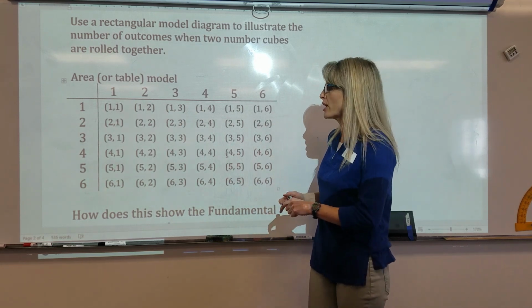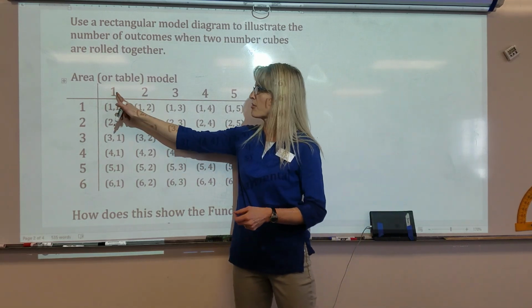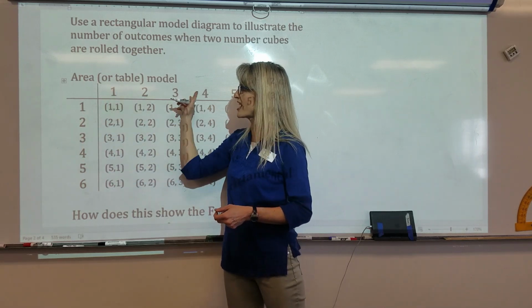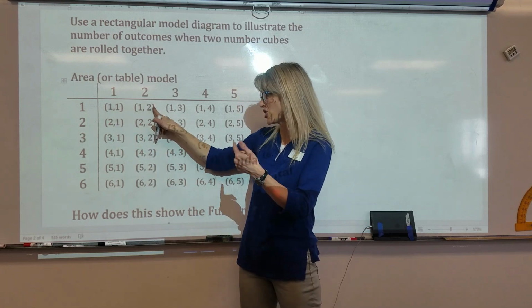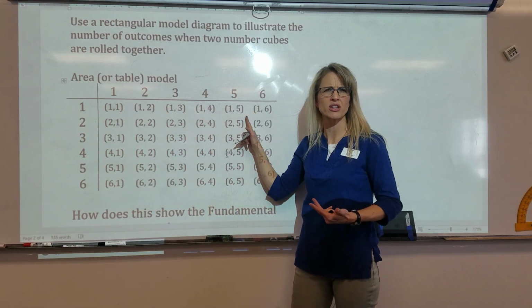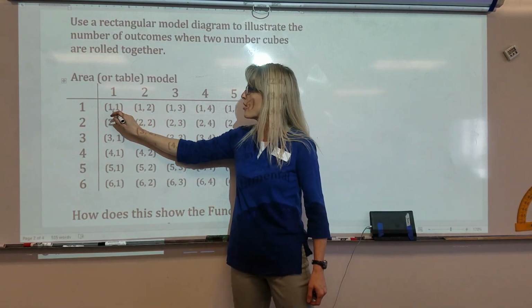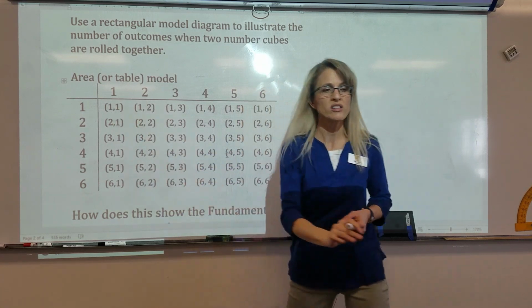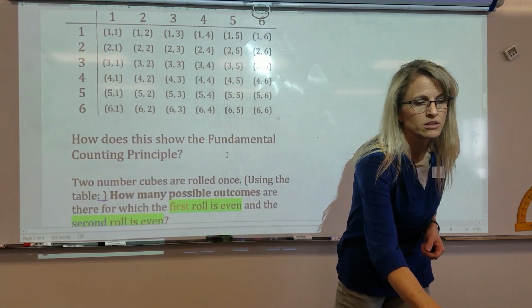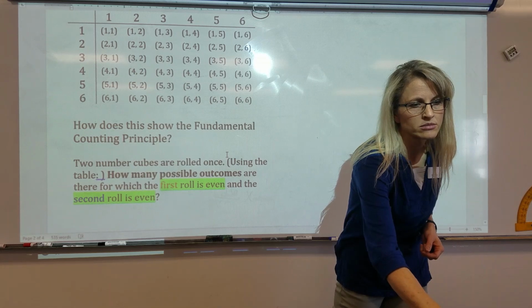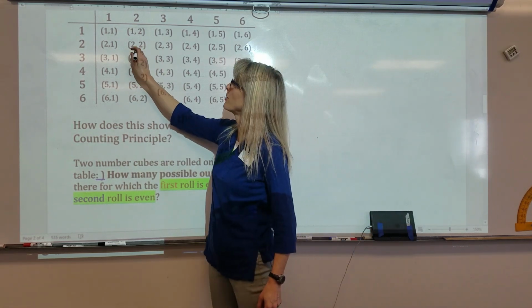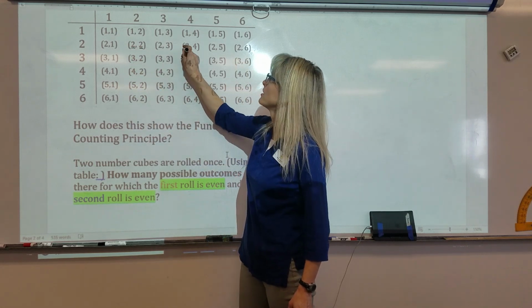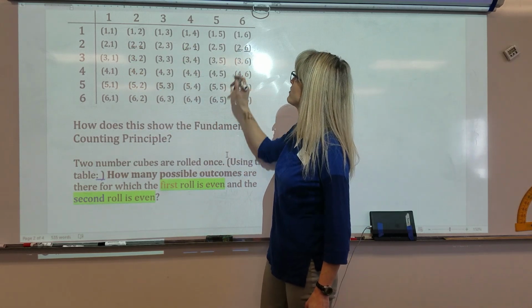Okay, the old-fashioned way, we would have done this huge table. Again, so this is dice 1, this is dice 2. My first dice, I rolled a 1. Maybe my second dice, I get a 1. Or I might get a 1 and a 2, or a 1 and a 3. Do we understand how to read this? Okay. So if I were to ask the question, what is the probability of rolling 2 even numbers? I would go, okay, well, here's an even and an even. Even, even, even, even.